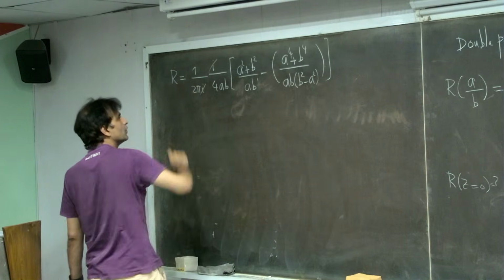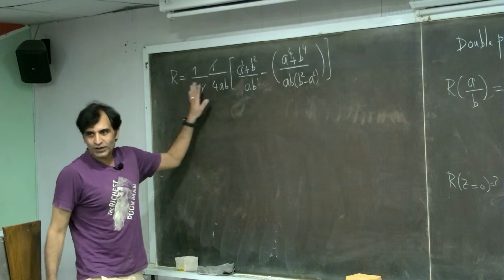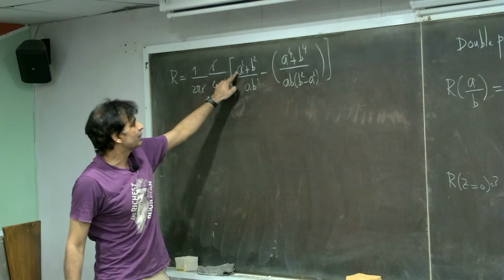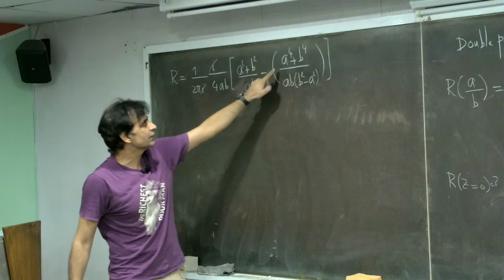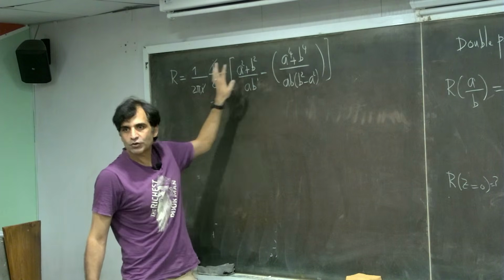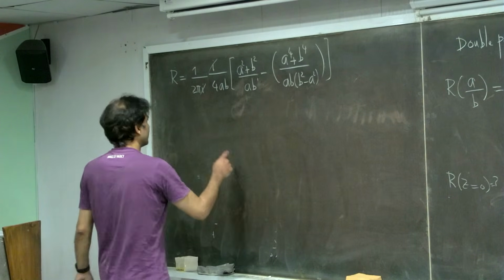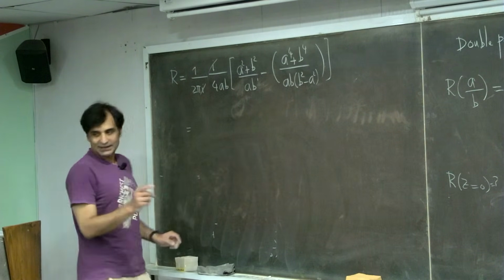So everything is gone, that is gone. Now you have to simplify this one. This becomes A4 minus B4, this is minus A4 minus B4, so A is gone. You can just simplify this one and verify the answer.